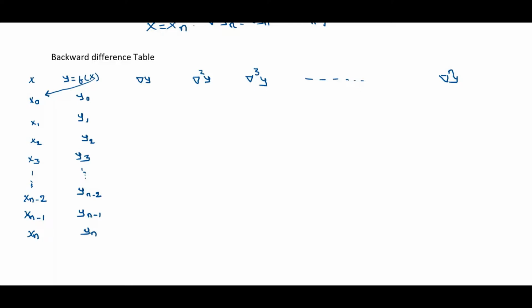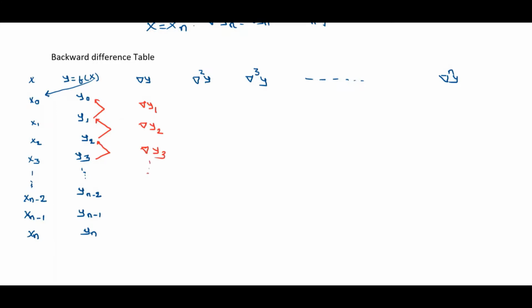Now, by using backward difference formula, second term minus first term, y1 minus y0 is equal to del y1. Similarly, y2 minus y1 is equal to del y2. Next, y3 minus y2 is equal to del y3.